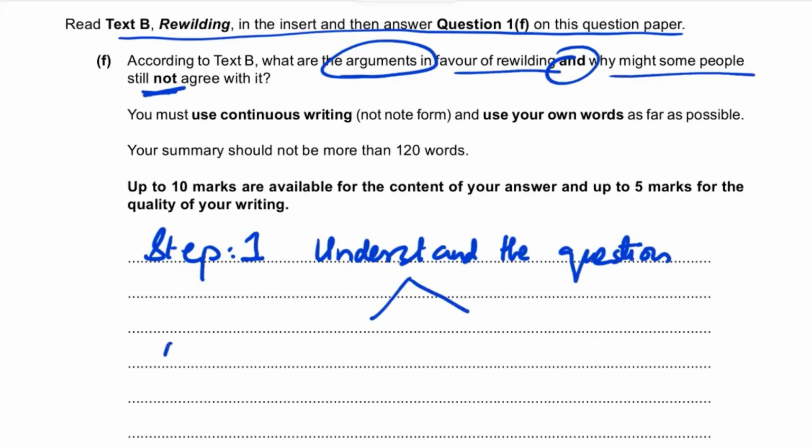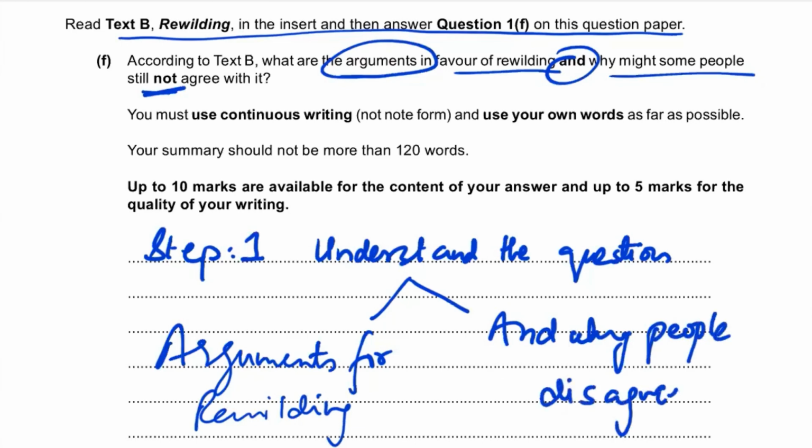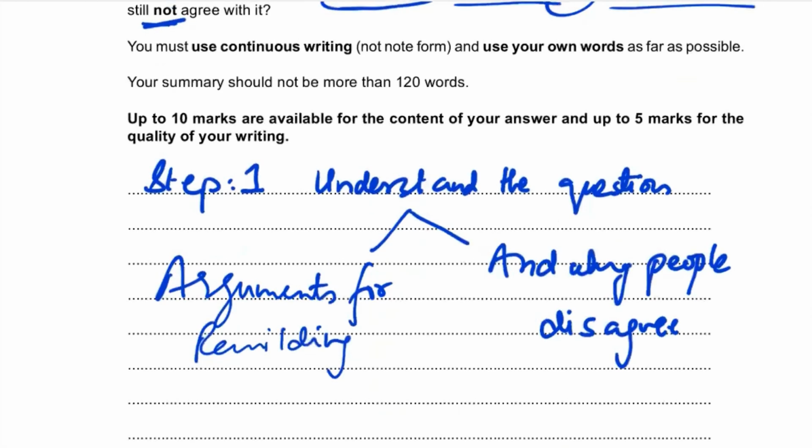First, we have to write the arguments for rewilding, and then why people disagree. So I'm sure you got a clear gist of it that we have to make two arguments.